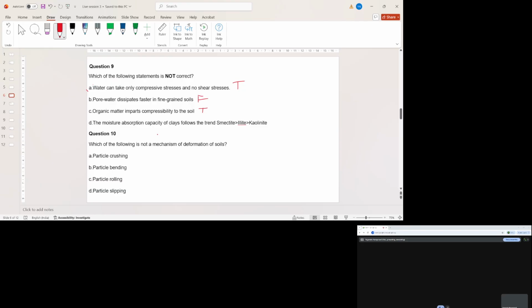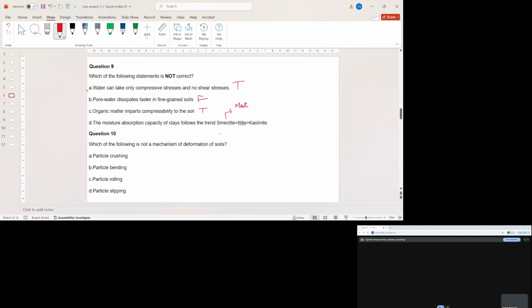And the moisture absorption capacity of clays follows the trend smectite, illite, and kaolinite. Smectite falls under the same umbrella as montmorillonite. We will study illite and kaolinite later. Here the moisture absorption capacity depends on the specific surface area.